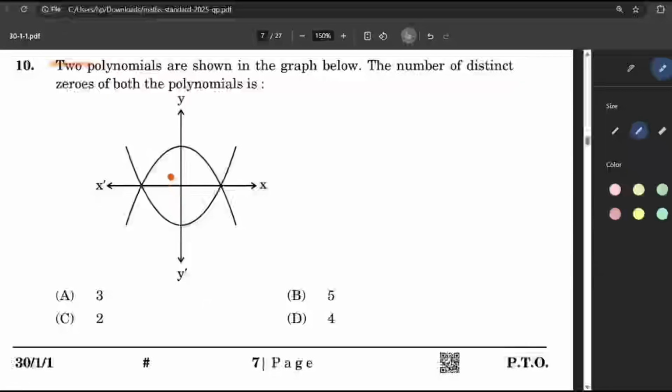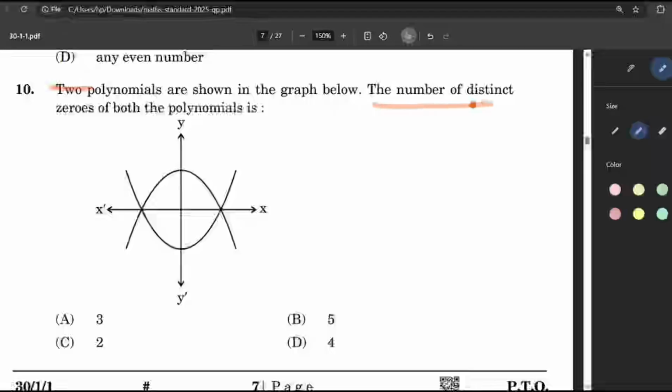So the zeros of these two polynomials are equal. So there are no other distinct zeros of these two polynomials. Here, the number of distinct zeros of both the polynomials: these two are quadratic polynomials, so their distinct zeros are 2. Option C is correct.